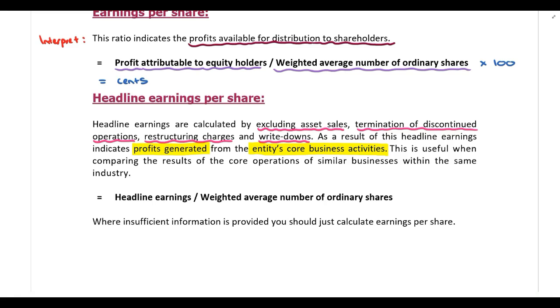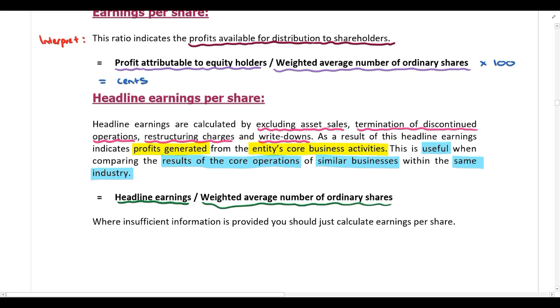And this is useful when we are trying to compare the results of core business operations of similar businesses within the same industry. All right, and when performing this calculation, you now just use headline earnings and you divide by the weighted average number of ordinary shares in issue. Please note, guys, if insufficient information is provided, you should just calculate earnings per share. So in our lecture example, we can't calculate headline earnings, so we will just calculate earnings per share.